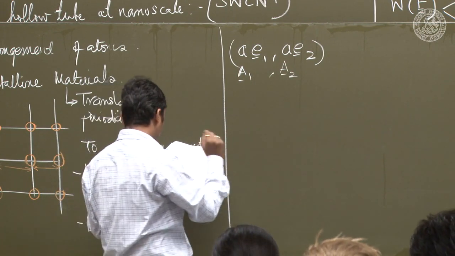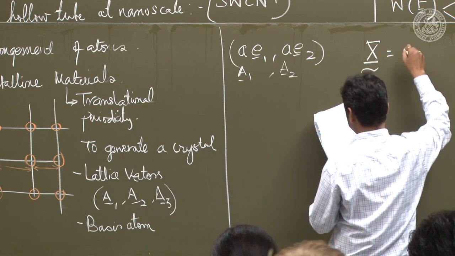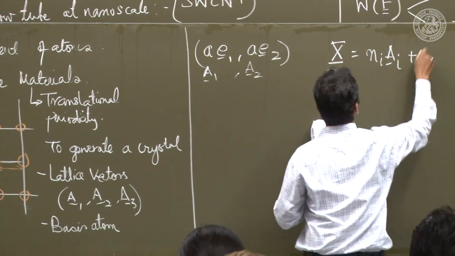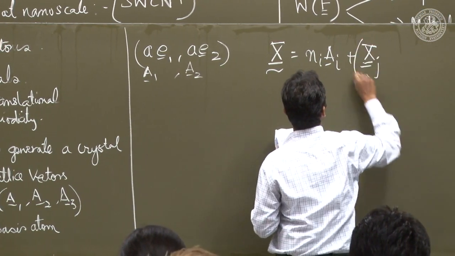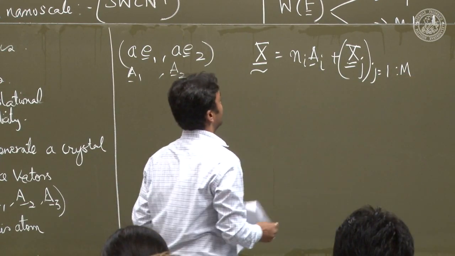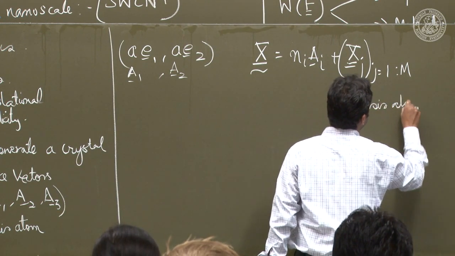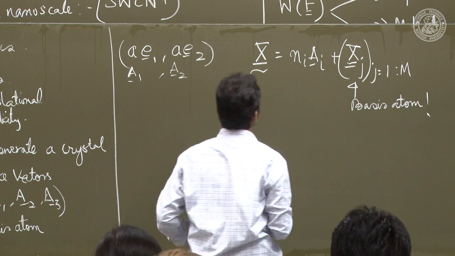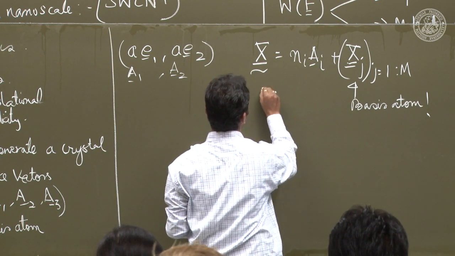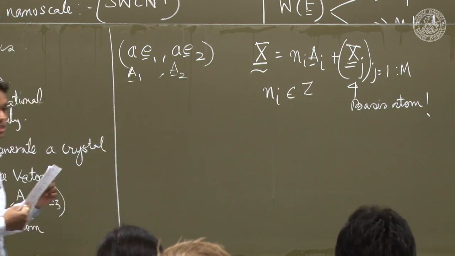And I use a formula for generating this: small x equals N_i A_i plus x_j, where j is 1 to m, where m is the number of basis atoms, and these are the lattice vectors which you translate via integers, N_i belongs to the integers.